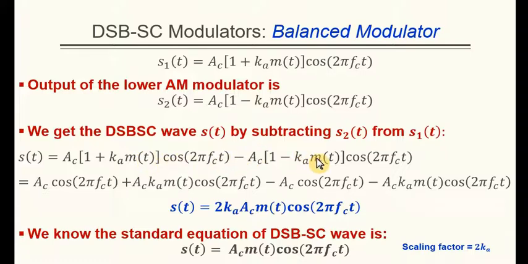If we simplify and manipulate this expression, we will have Ac cosine 2 pi fct multiplied by 1, plus Ac ka m of t cosine 2 pi fct, minus Ac cosine 2 pi fct into 1. It will become minus Ac cosine 2 pi fct. So then we will have here also plus.